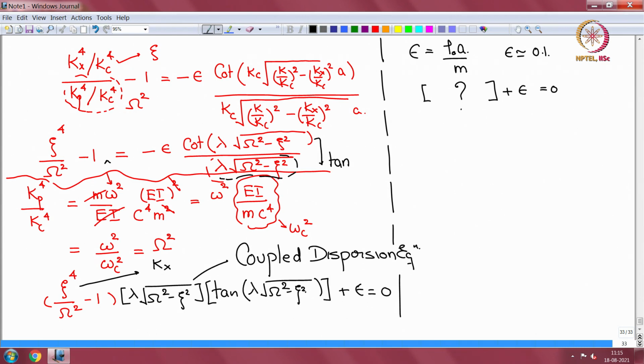Now we have seen this in the first problem, the classical problem from Crichton, that when you have a small parameter we use asymptotic methods.